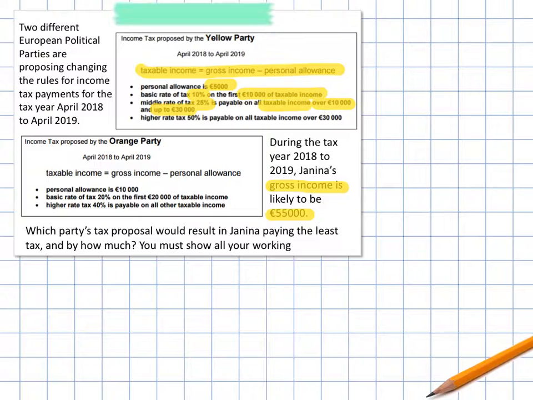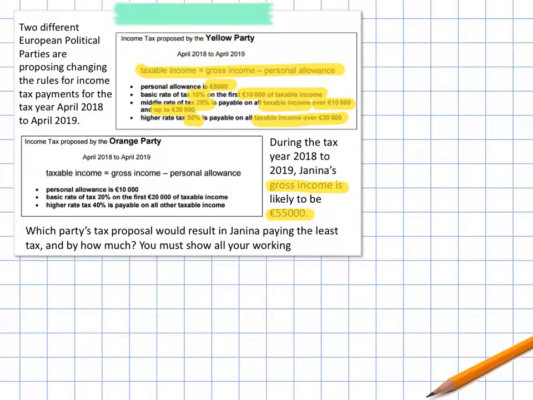So we ignore the first 10,000 because we've already dealt with that. We'll deal with that after differently with the middle rate. Finally, we've got a higher rate tax of 50%, and that's payable on the taxable income over 30,000 euros. So we need to do only what is more than 30,000 euros for that of the taxable income.